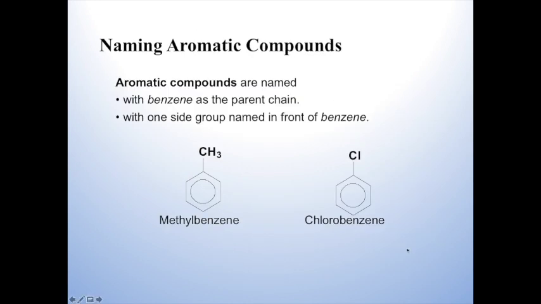So we name aromatic compounds by starting with the first. If we have one substituent, we just name it according to whatever substituent is attached to it, and then having benzene in the name. So examples are methylbenzene and chlorobenzene for singly substituted benzene molecules.